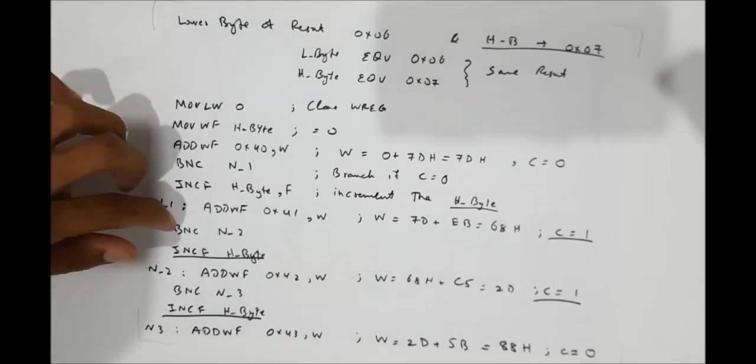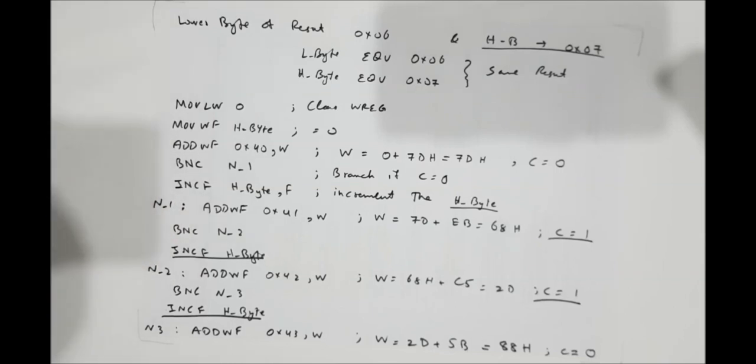So now the H byte at 0x07 will contain 0x02, that is 2. So the total sum will be a 10-bit number precisely, or we don't have a 10-bit register, so that will be stored at two 8-bit locations. One location will contain 88 hex, and the higher byte will be stored in the second location.